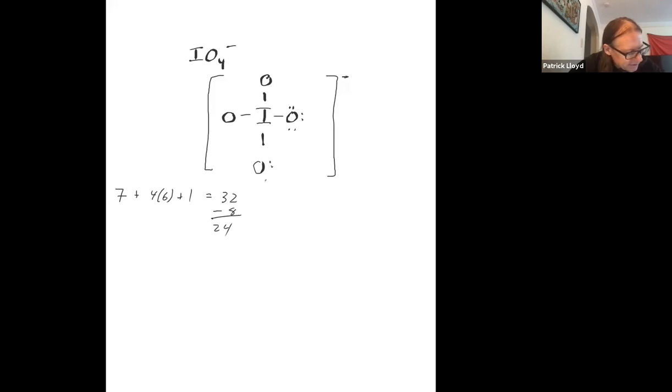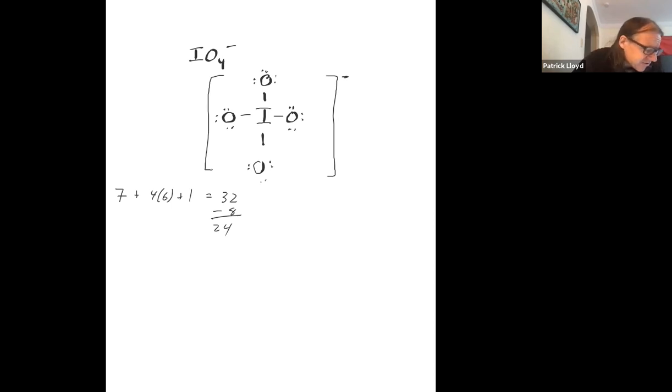Now I'm going to give you a little tip here in terms of VSEPR theory. I could make the argument that we need to have more bonds to the central iodine atom, and that's absolutely true. I don't like this Lewis structure. This is the one that Alex will actually show you as being correct for this problem. We're only interested in electron groups around the central atom, and a double bond is the same as a single bond in terms of counting the electron groups.